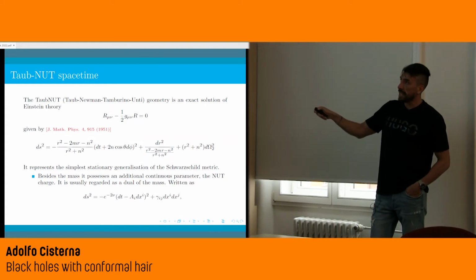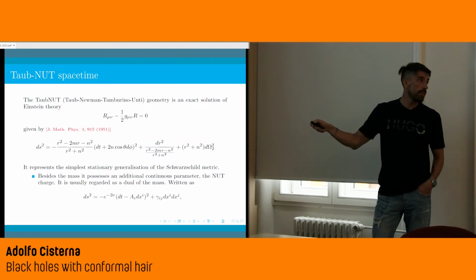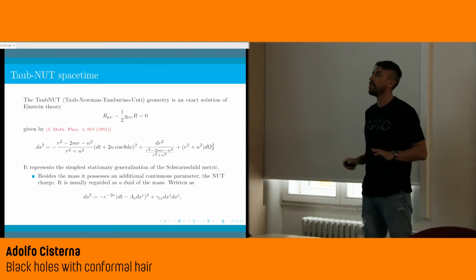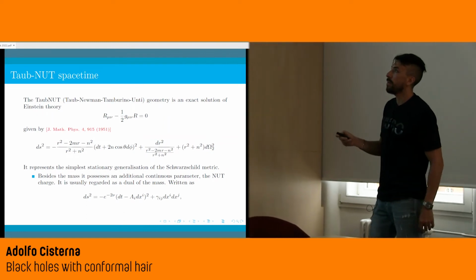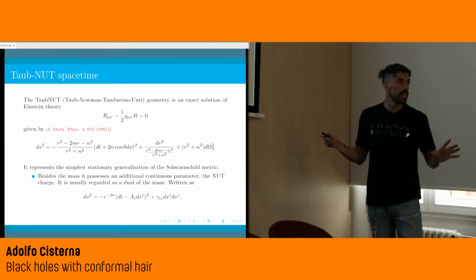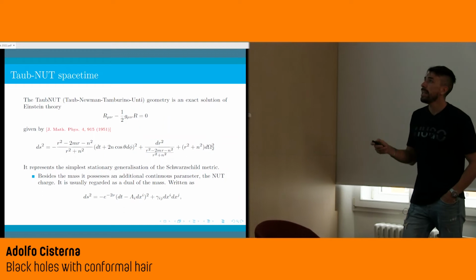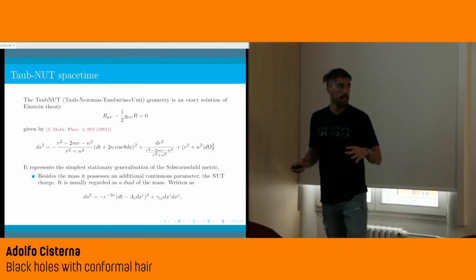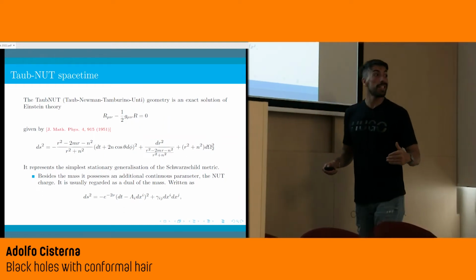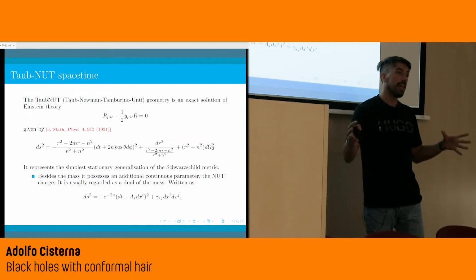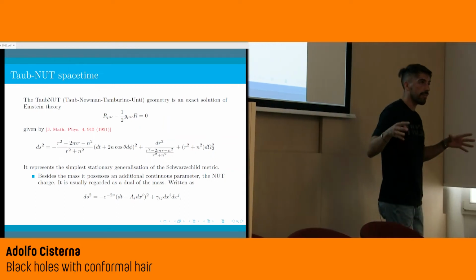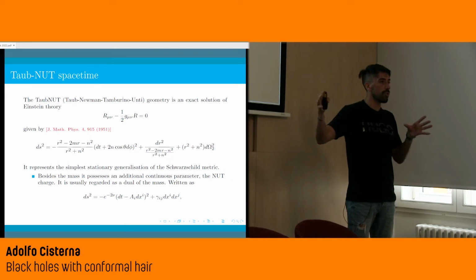This geometry is an exact solution of Einstein gravity. So again, the theory we have been talking about since the beginning, which is given by this equation, the Einstein tensor basically. And it corresponds to the first stationary generalization of charge. I told you that Kerr is the mother of the stationary solutions of GR.